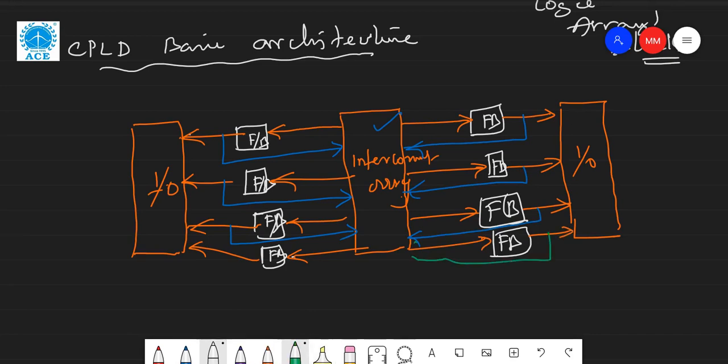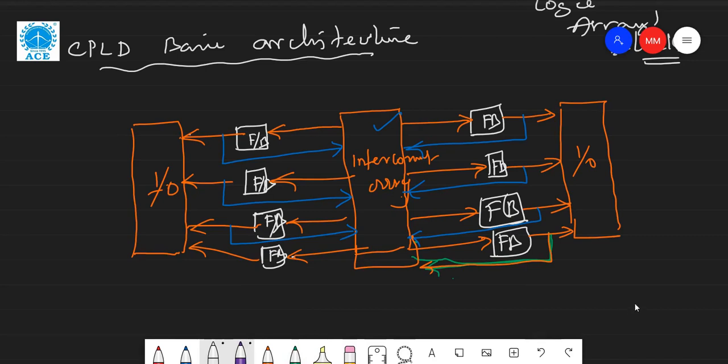So this is the basic structure of a CPLD.